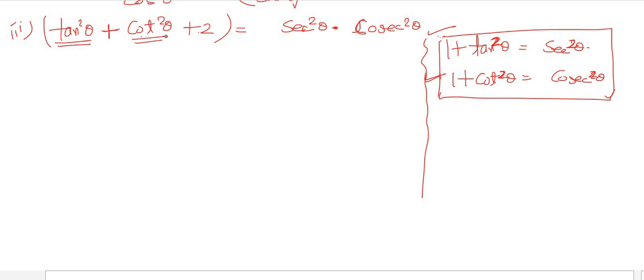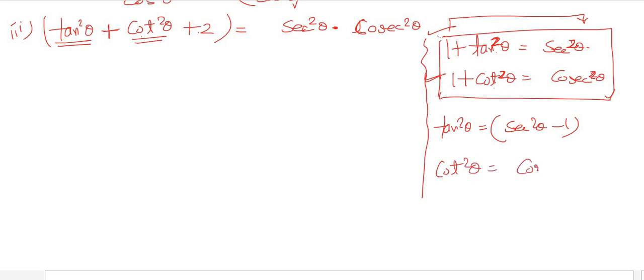So here I observed there is tan square, there is cot square. Correct? So I'm thinking I have to use this formula. Okay. So tan square, can I write sec square minus 1 from here? Correct? 1 will go there, it will become minus. Similarly, cot square will become what? Cosec square, this 1 will go to this side, minus 1. Correct?